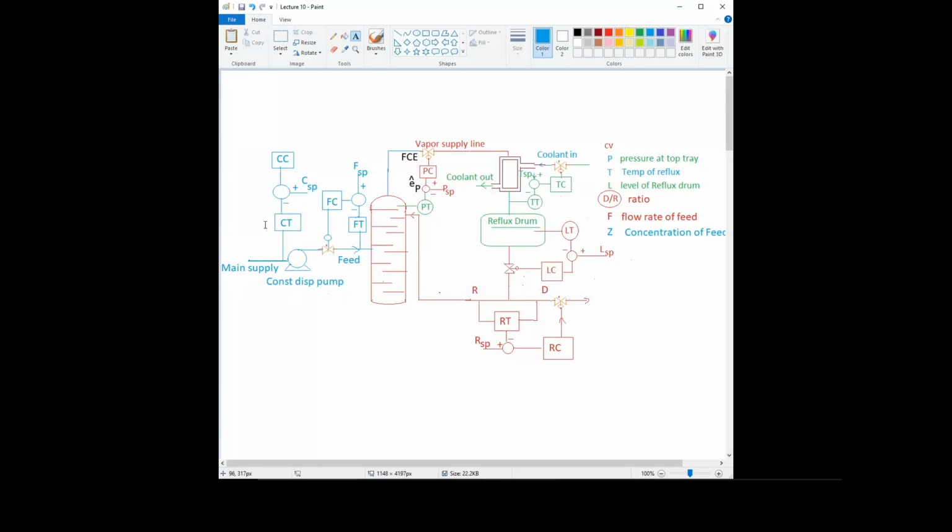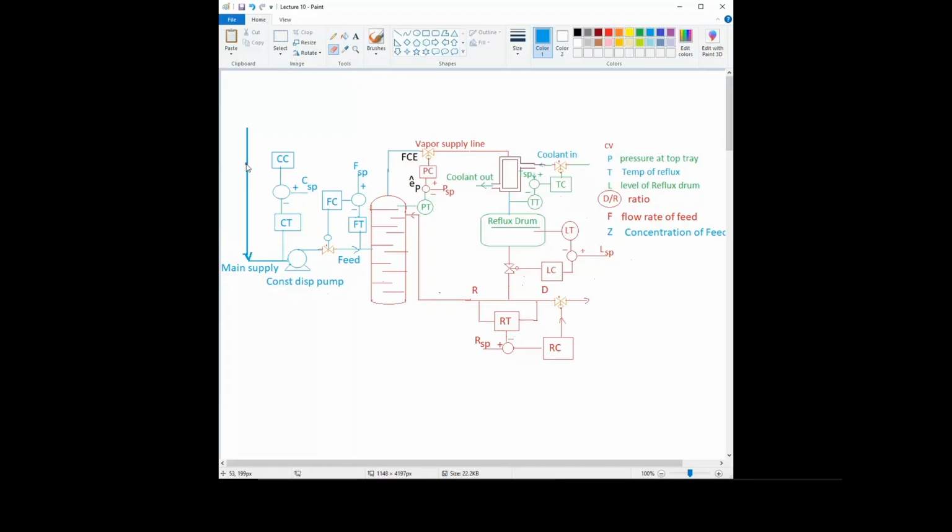But in the case of concentration, you cannot increase or decrease the concentration by putting a valve on the main supply. This will only increase or decrease the flow rate, not the concentration. Okay, so that is why, to maintain the concentration, we need an auxiliary supply. So this is the auxiliary supply.